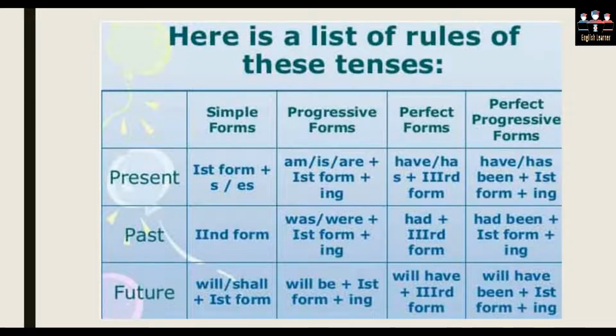Next is past perfect tense. In past perfect tense, we use the third form of a verb, and due to the past effect, we have to use had in this. Had is the helping verb here, whereas the third form is the main verb. Whenever you are going to make a negation, you will use had not with all categories of subjects, either singular or plural.